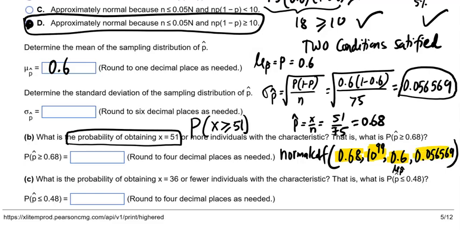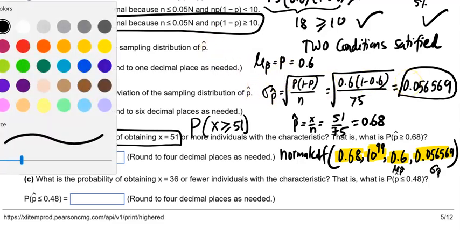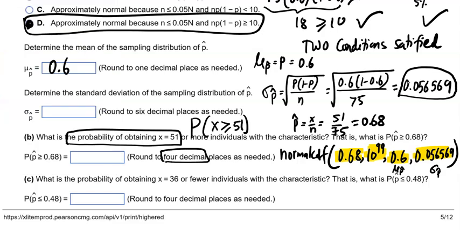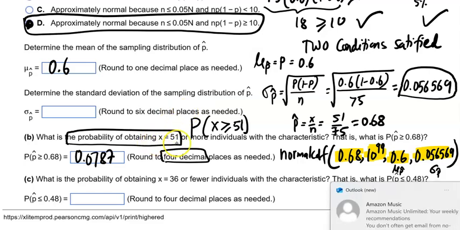Obviously the standard deviation comes from this formula, we had it before, and you get the probability to 4 decimal places. Read the instruction carefully. So you're going to get 0.0787. That's the probability of obtaining x equals 51 or more.